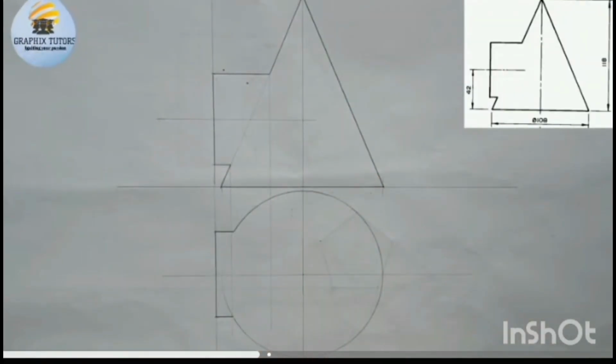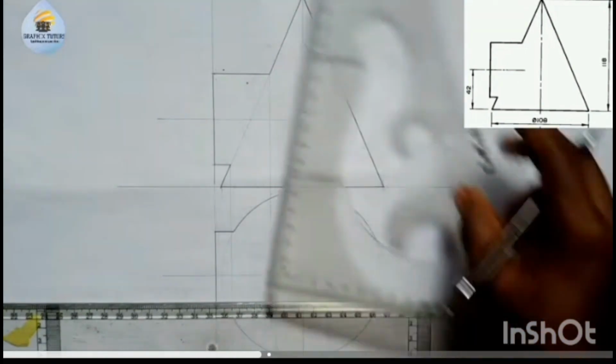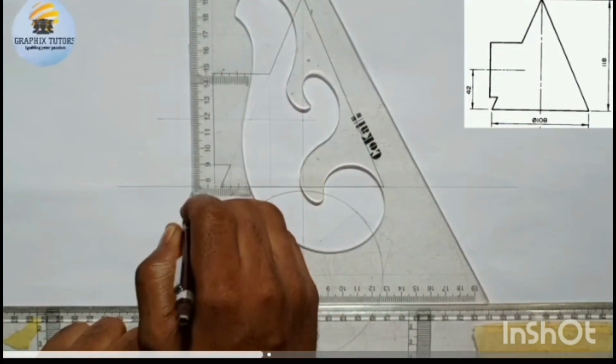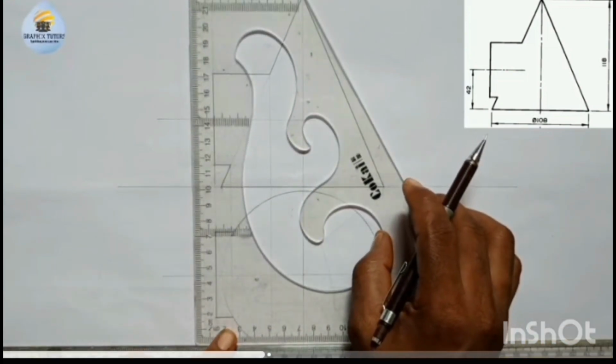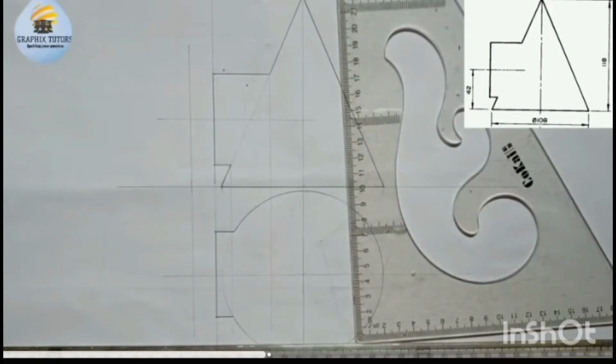So what I will do is just like we did when we were doing the interpenetration of two cylinders, we'll apply the same thing here. I'll come in front of here, I will draw a horizontal line this way. I'll allow the line to at least meet up with both of them here, faint line, right? You can see.